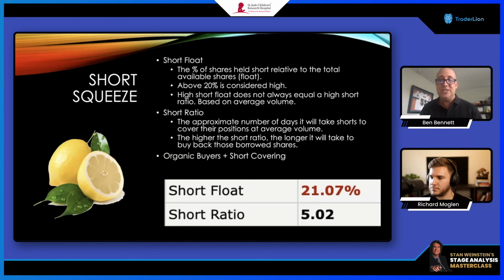You could have a short float of 40%, but if that only gives you a day or a day and a half to cover, that may not be nearly as explosive as something that has a short float of 5%, but it takes them 7 days to cover. So very, very important to weigh out both of those.